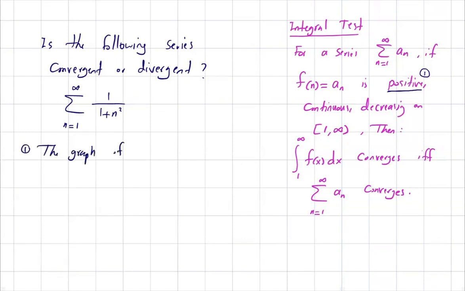The graph of f of x equals 1 divided by 1 plus x squared can be visualized as here, not very precise, but we get the idea of the behavior of the graph.